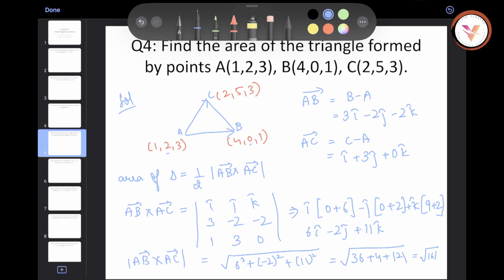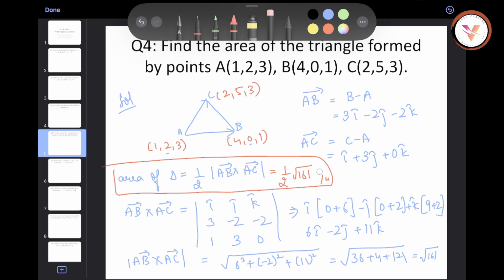So from here you can say that its area is half of under root 161 square units. That is the area. Okay, so you have to calculate the cross product and then you have to take its magnitude.